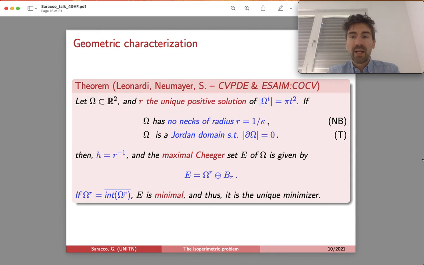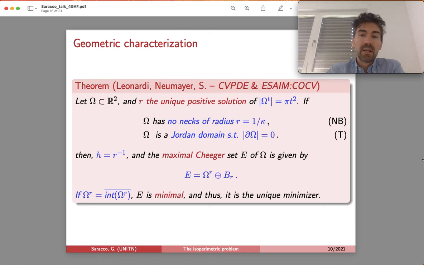And by more or less, I mean we have the following theorem. We take a planar domain, we take r to be the unique positive solution of the measure of the inner parallel set at distance t equal to pi times t squared, if omega has no nexus of radius r.